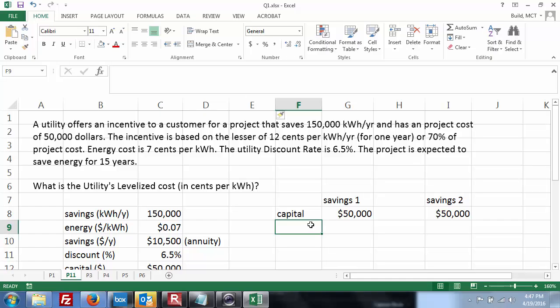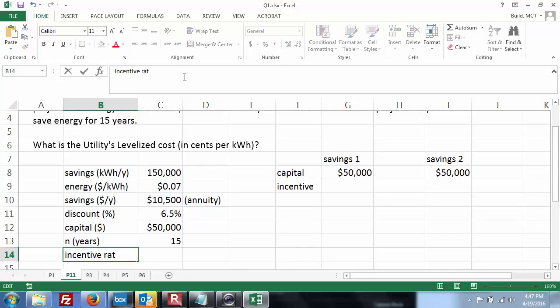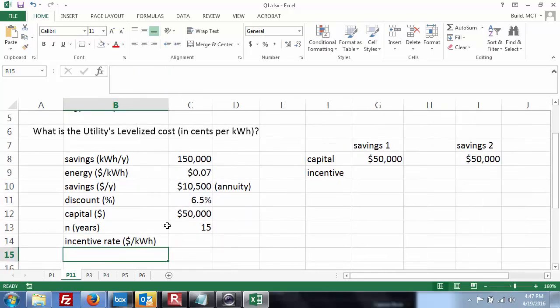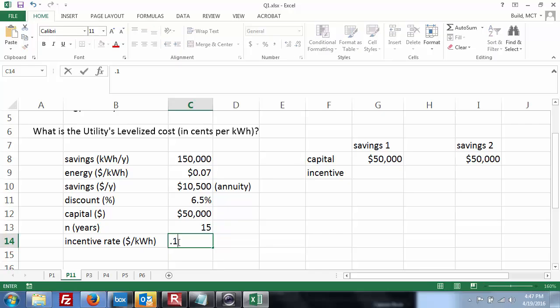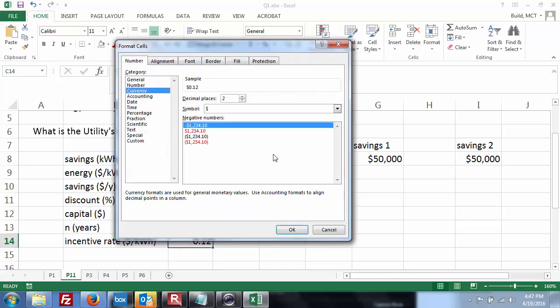So this is the incentive. This will also be the incentive rate. We'll just say incentive rate. It's going to be in dollars per kilowatt hour. What is it, 12 cents? Yep. Let's see, 12 cents.